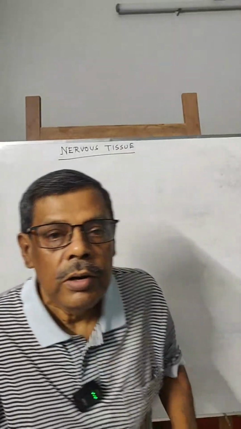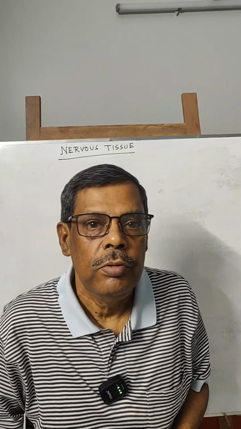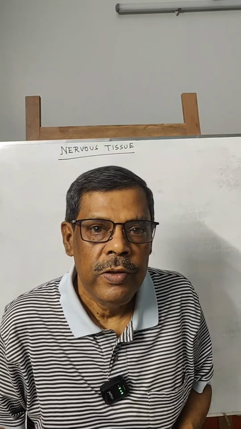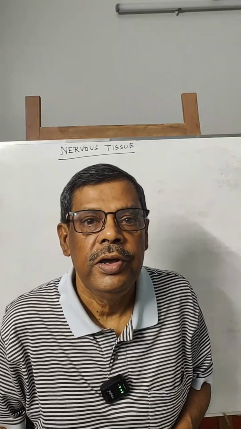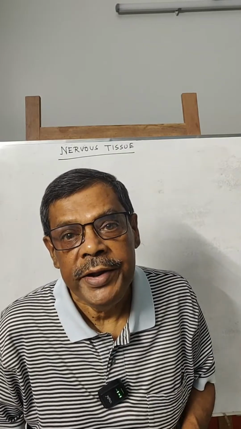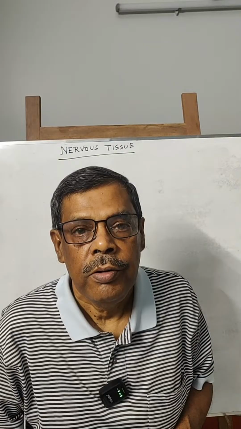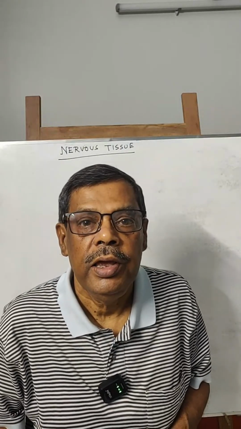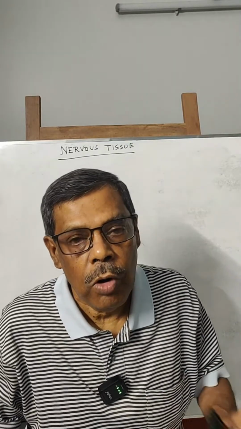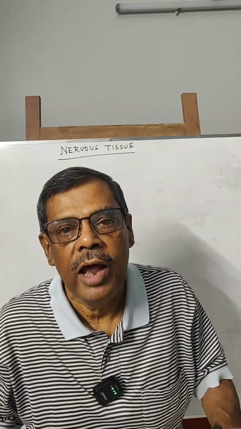First of all, what is nervous tissue or nerve tissue? The tissue in animals which receives, integrates, transmits, and coordinates different stimuli in the body is called nerve tissue or nervous tissue.